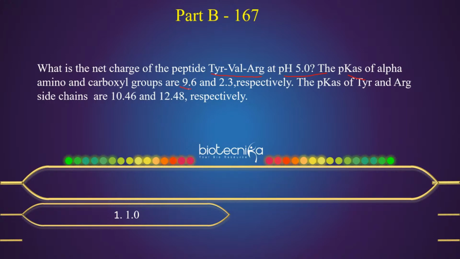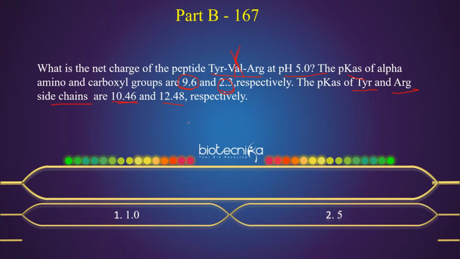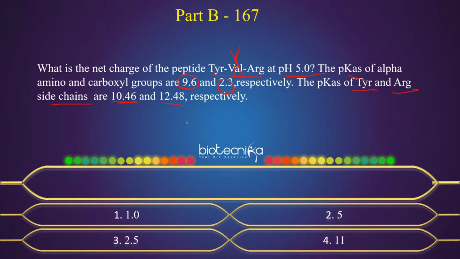The pK of the alpha amino group is 9.6, the pK of the carboxyl group is 2.3, and the pK of the tyrosine and arginine side chains are 10.46 and 12.48 respectively, because valine has a non-ionizable side chain. So which of these will be the net charge?